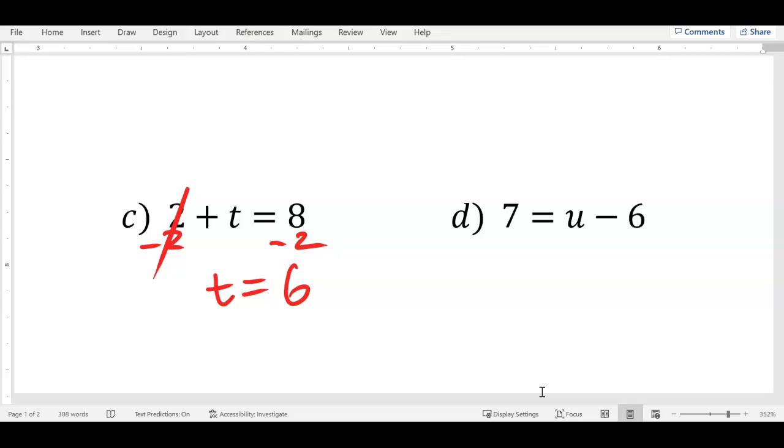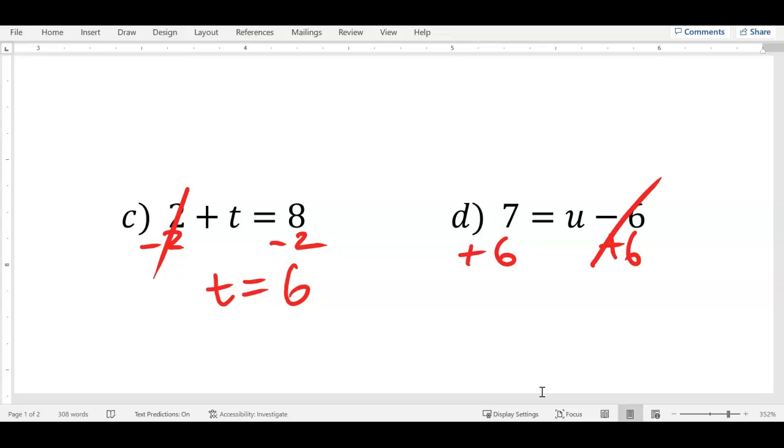What's weird about letter D here? It's backwards. The variable U is on the right side, but that's okay. You could still do that. If my variable is U, what is on the side of U that I need to get rid of? Negative 6. So the opposite is plus 6.